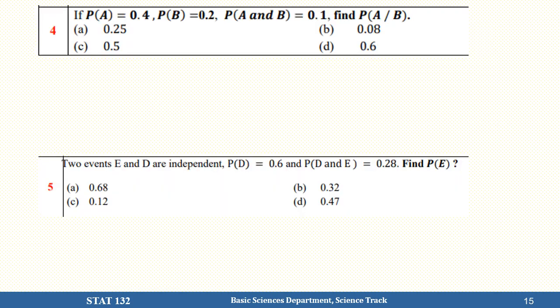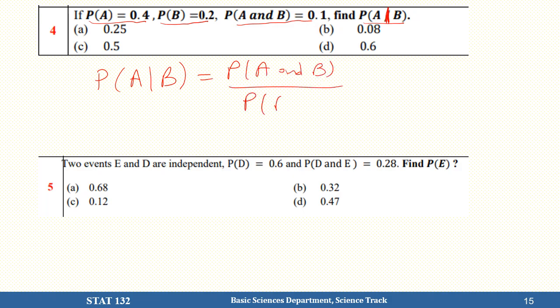Now let's look at this question. The probability of A is given as 0.4, the probability of B is given as 0.2, the probability of A and B is given as 0.1, and the conditional probability of A given B is asked. If you remember, the probability of A given B is equal to the probability of A and B divided by the probability of B. The probability of A and B is 0.1 and the probability of B is 0.2.